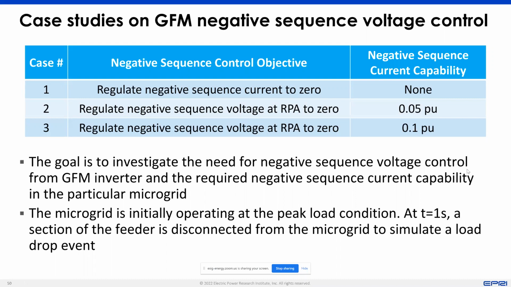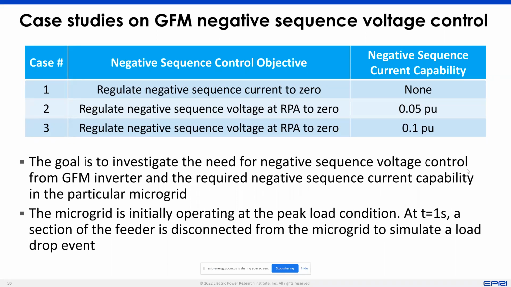The difference between them is that, as we can see in the first case, what we require the grid forming inverter to do is to regulate its negative sequence current to 0, which means we don't require the grid forming inverter to contribute negative sequence current in order to balance the negative sequence voltage in the system, but instead we ask it simply to regulate its negative sequence current to 0.